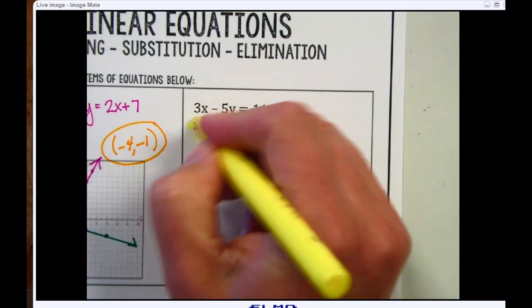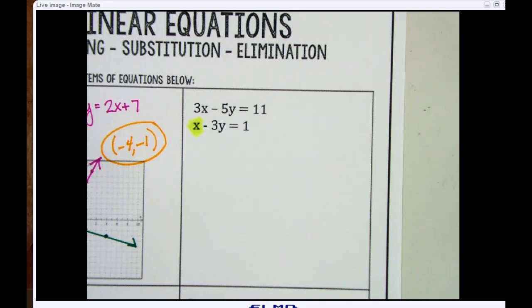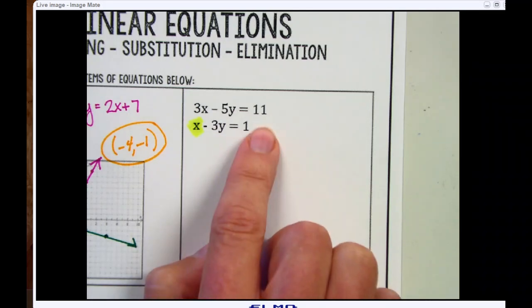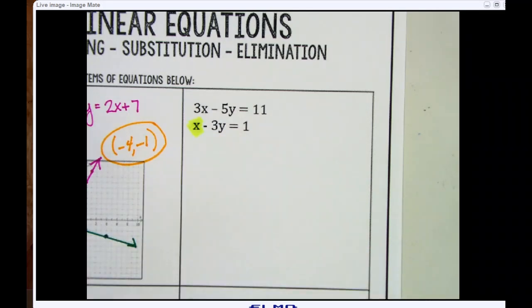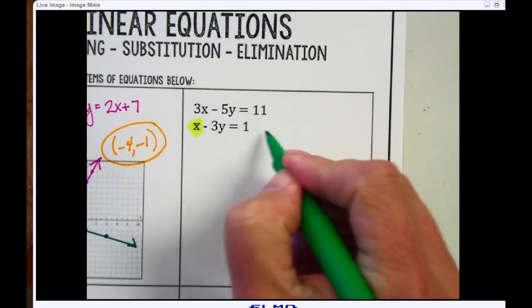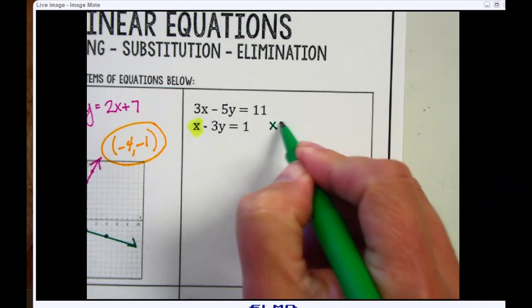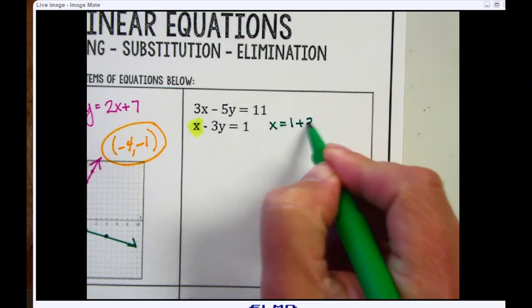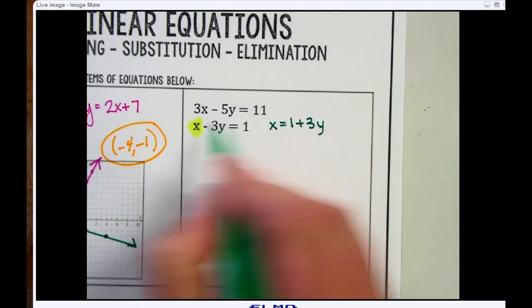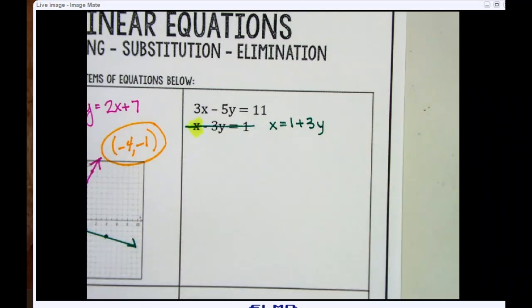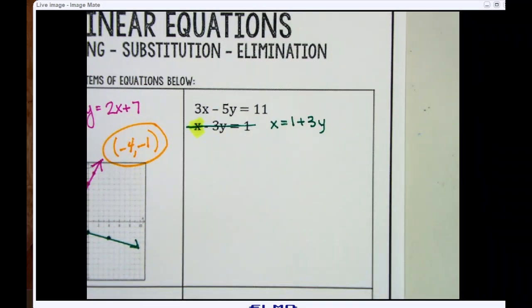Wouldn't it be easy to get that x alone? All we have to do is move 3y to the other side. So I'm going to rewrite this equation, and I'm going to call it x equals 1 plus 3y.